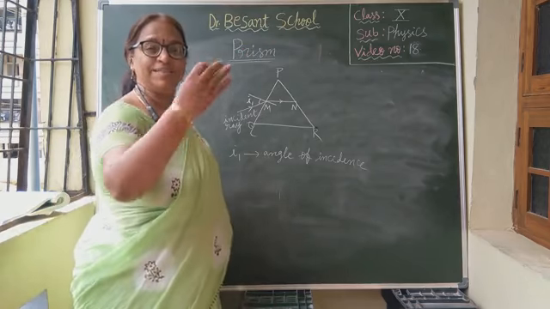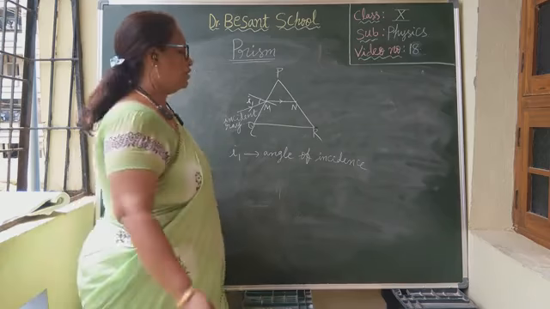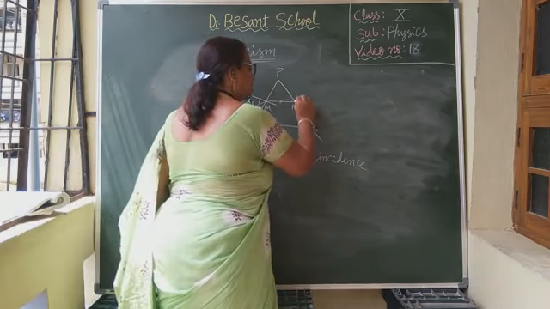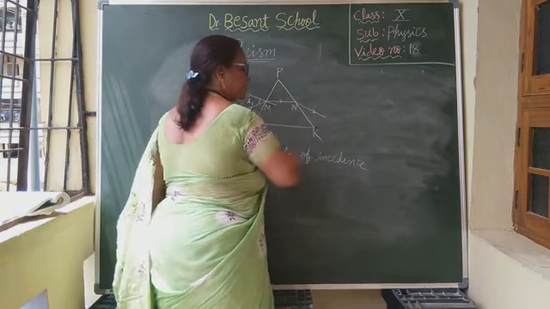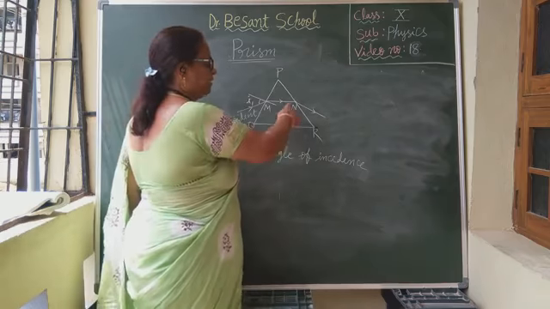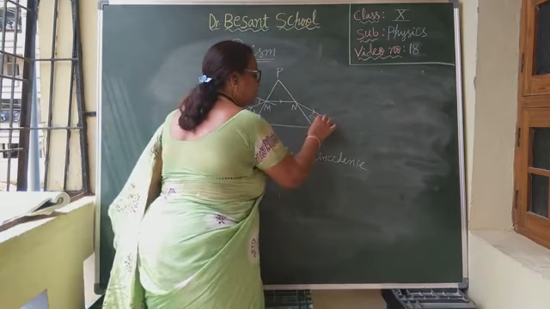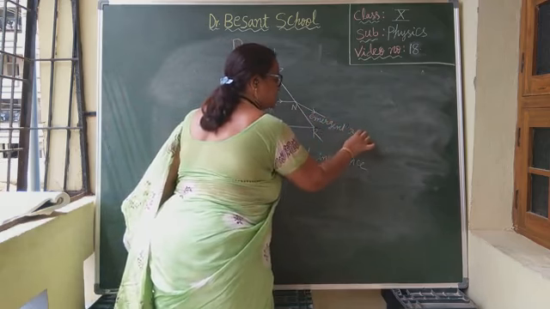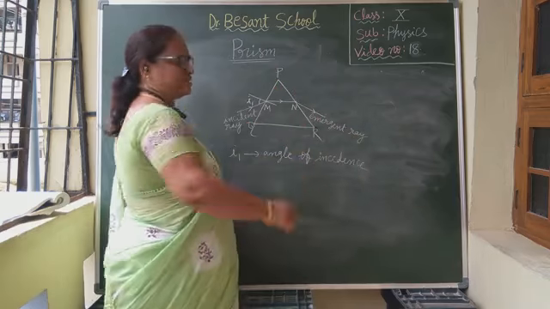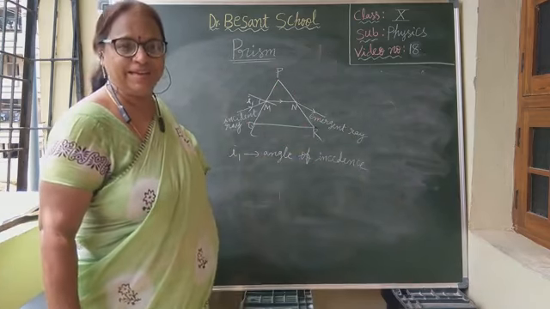That light ray will emerge, come out. This light ray after refraction comes out in this direction. The ray which comes out through the other surface of the prism is called the emergent ray.